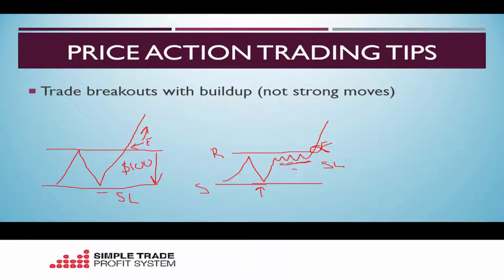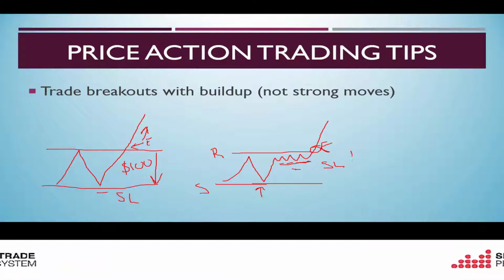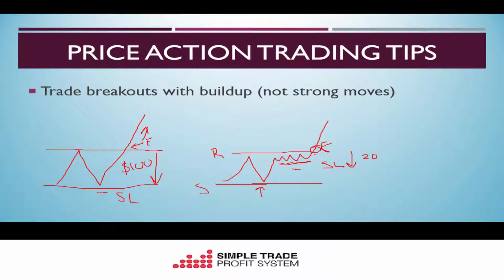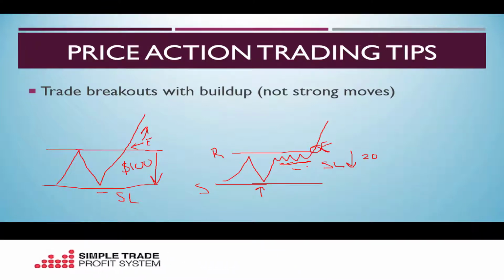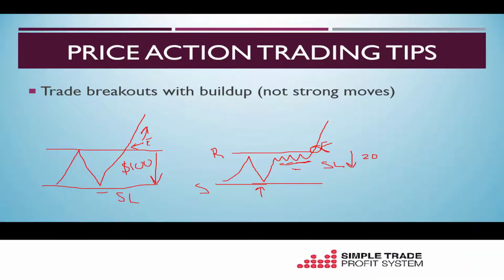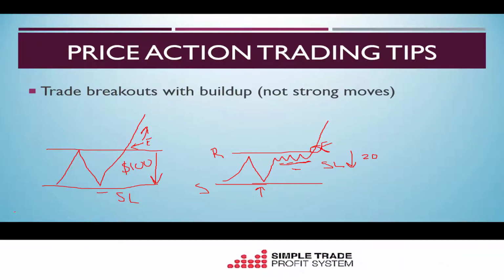So you could set your stop loss right underneath this support. So now your entry to your stop loss may only be $20. So from a risk to reward standpoint, you're basically risking less on a buildup like this as opposed to a strong move into the market structure.